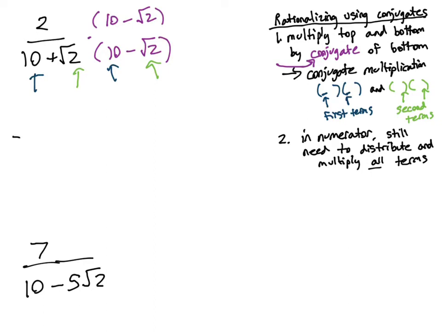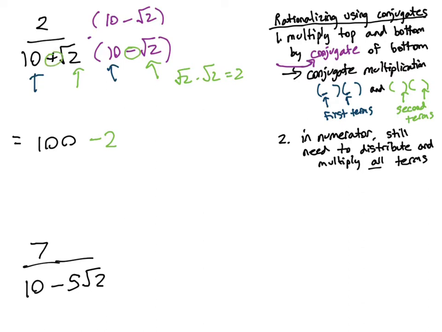So in our denominator, we've got 10 times 10 is 100, and square root of 2 times negative square root of 2 gives us negative 2, because square root of 2 times square root of 2 is 2, and a positive times a negative equals a negative.